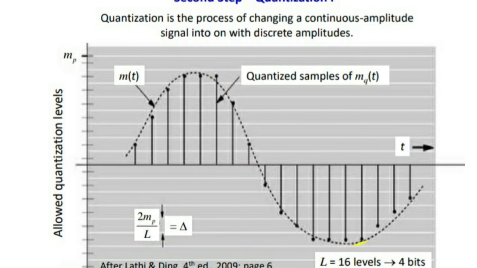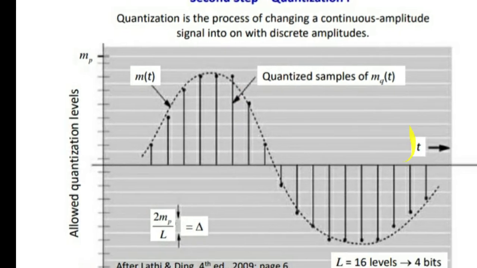All these dots are marked levels. That signal is m(t). The dotted line is m(t), that means our modulating signal with respect to time. And the lines are quantized samples. At each and every time interval, this represents the sample signal according to the time.